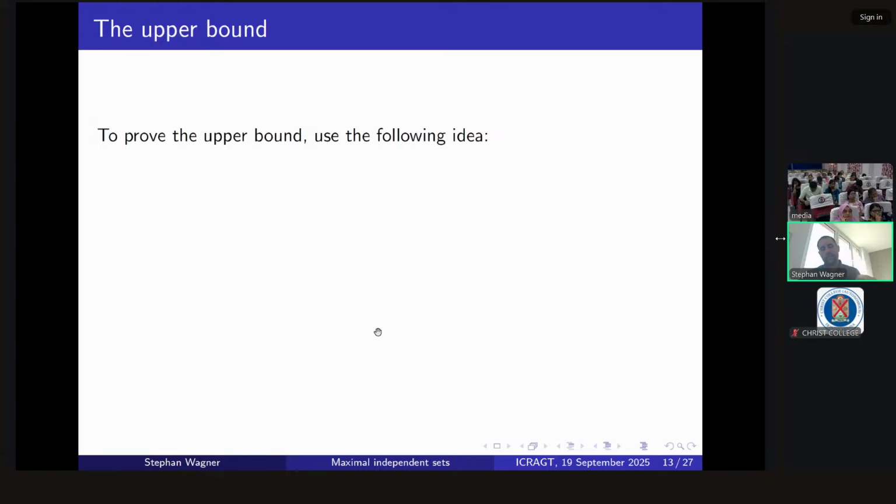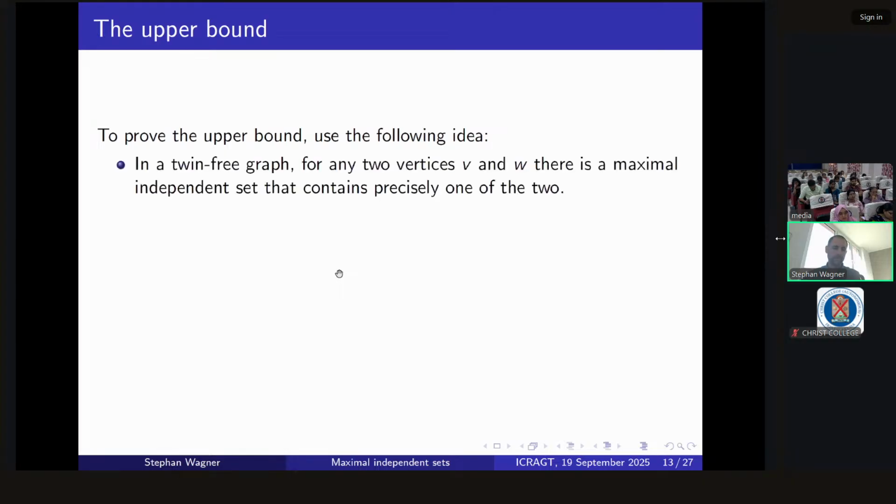To show that this is actually the best we can do, so to show that the upper bound we're claiming on the number of vertices of a graph with k maximal independent sets really holds, we use a rather simple idea. In a twin-free graph, if I take any 2 vertices v and w, there has to be a maximal independent set that contains precisely one of the 2, that distinguishes them in one way or the other.